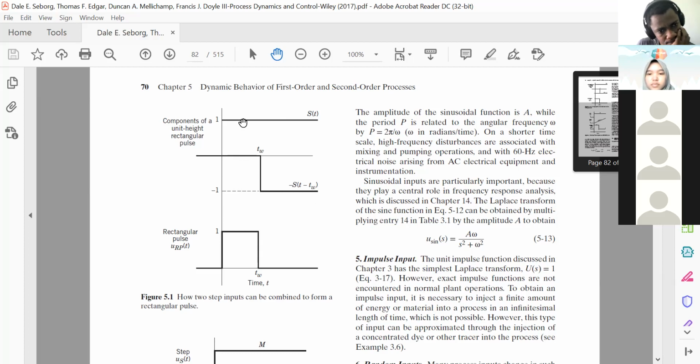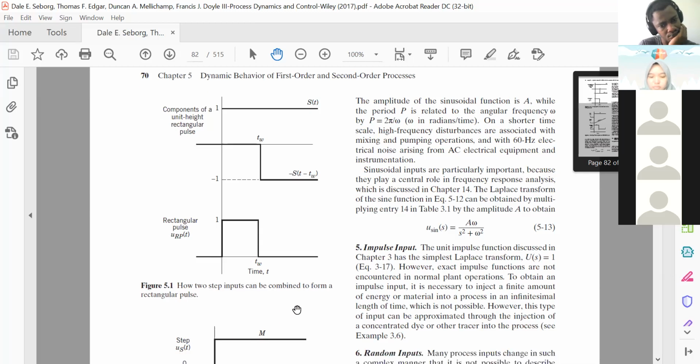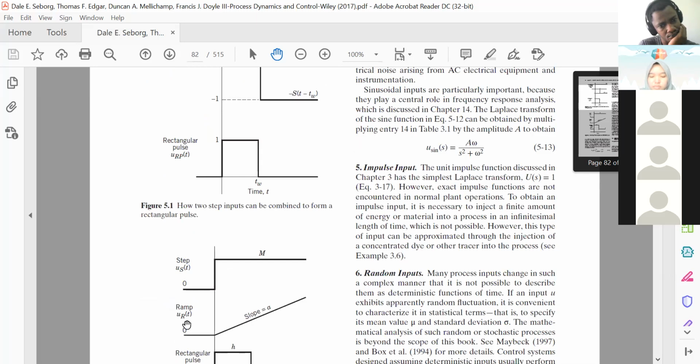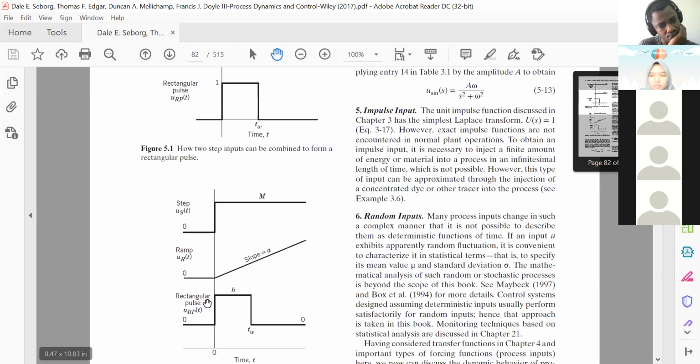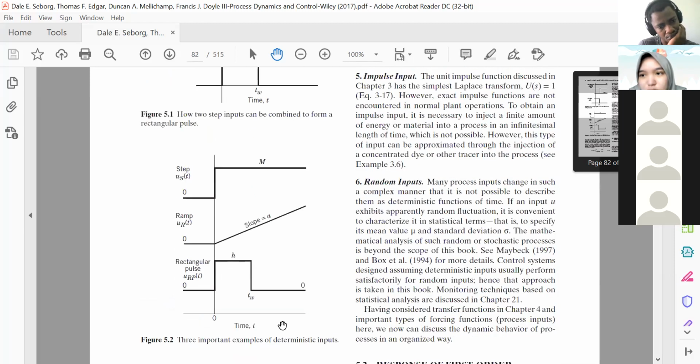When we add this together, it will be like this, the same thing as if we have two step inputs but we subtract one input from the other. Again, this is the rectangular pulse input.